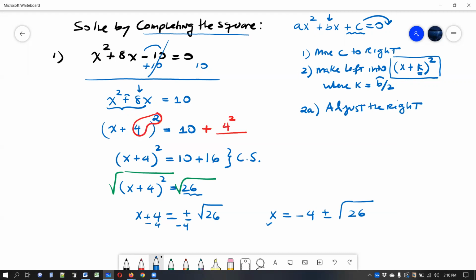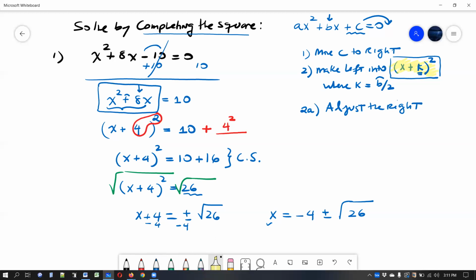Okay, so to recap, we'll do another couple problems. We begin with the standard form. We move the number to the right. Then on the left, this has to turn into this over here, where this k number is your b over 2.